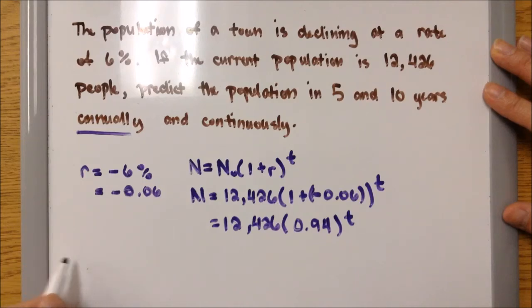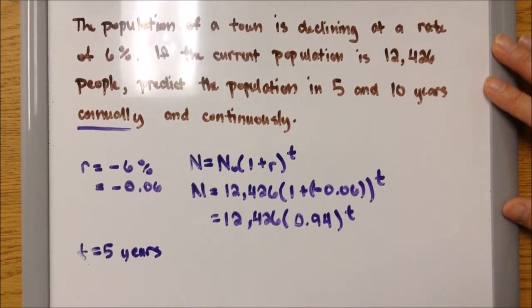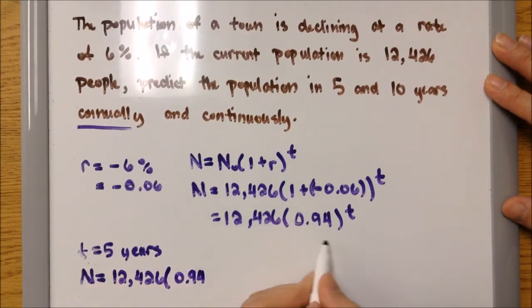Alright, now if it asks you for the predicted population in 5 years, t is 5 years. So what it means is N equals 12,426 times 0.94, that's how I got it from here, to the power of 5.